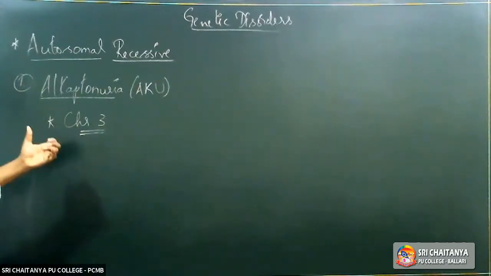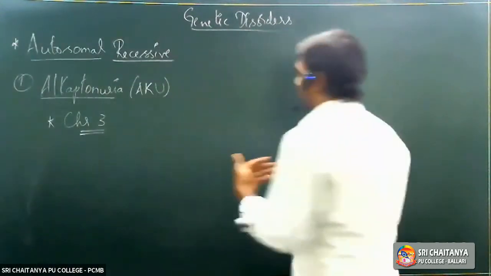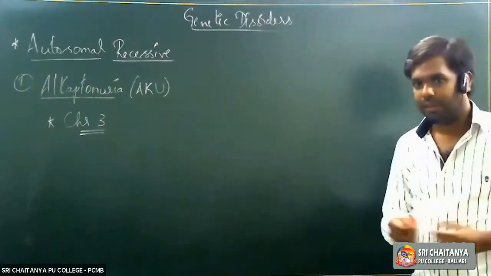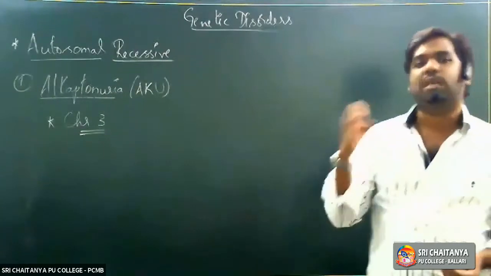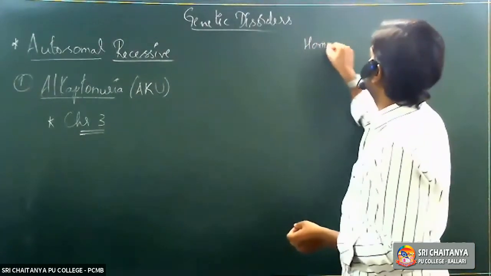And what is that gene? I told you that in the previous session. In normal human individuals, what exactly is happening is that a highly toxic substance, a compound called homogentisic acid.